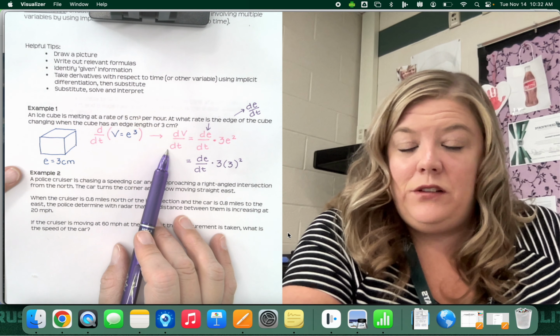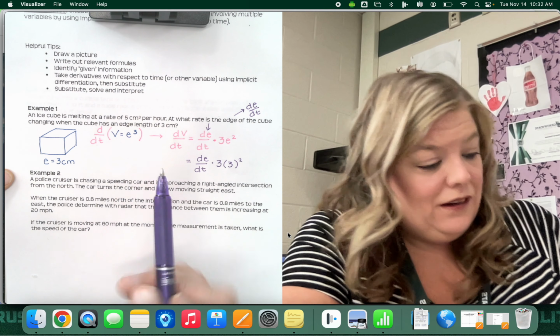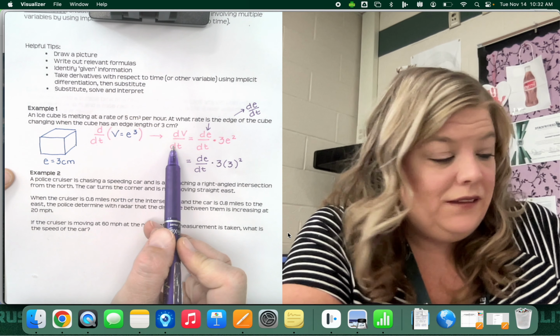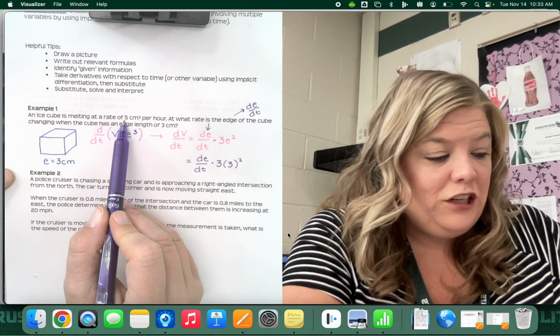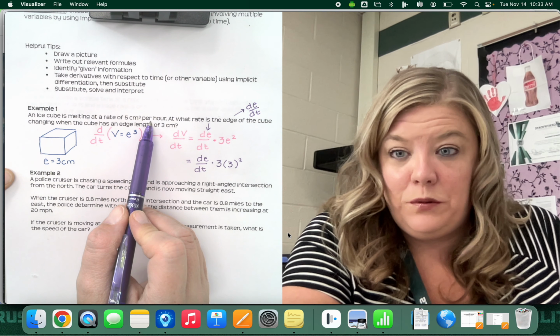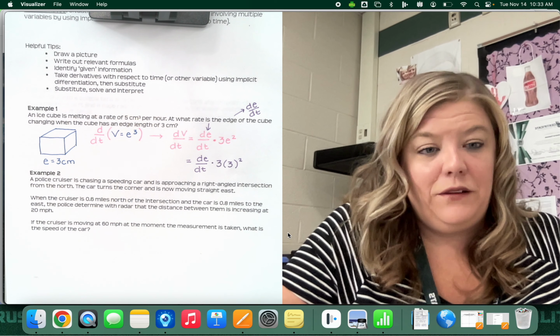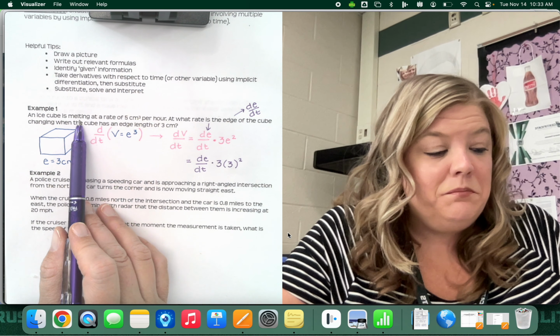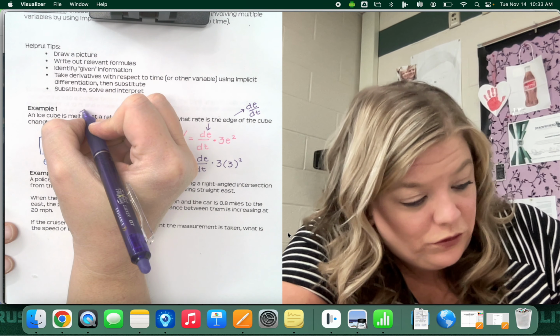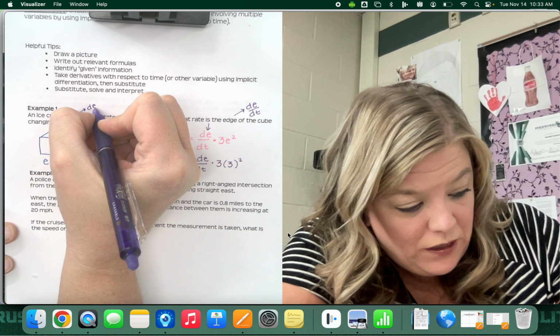But then we also want to talk about dV/dt. That's this guy, right? This is how the volume is changing over time, and volume is changing by 5 cubic centimeters per hour. We also need to think about whether that should be a positive or negative value. Because it's melting, we're decreasing, we're shrinking.